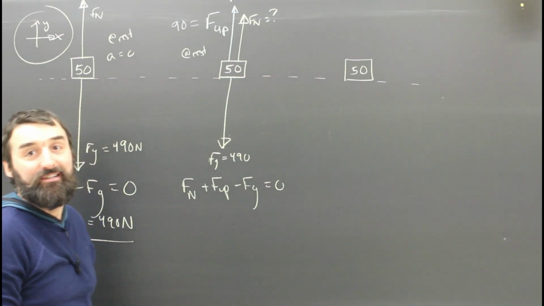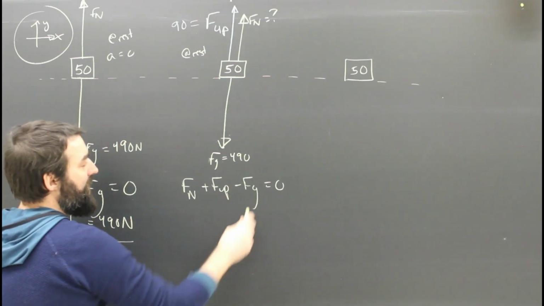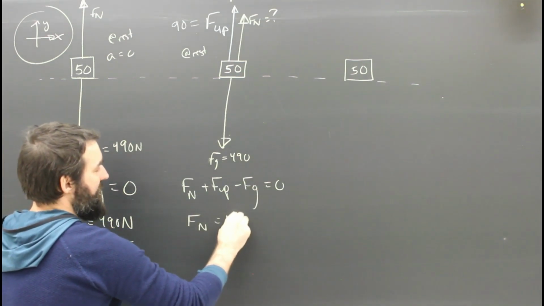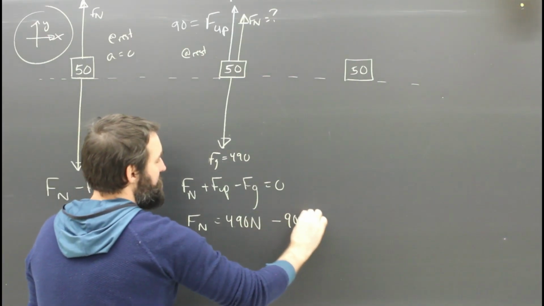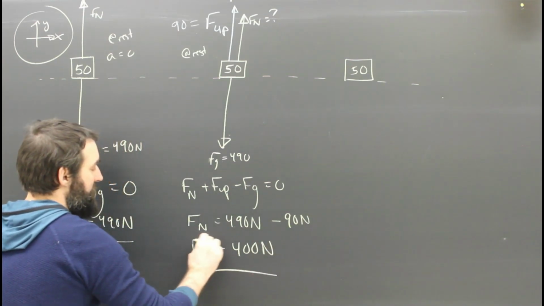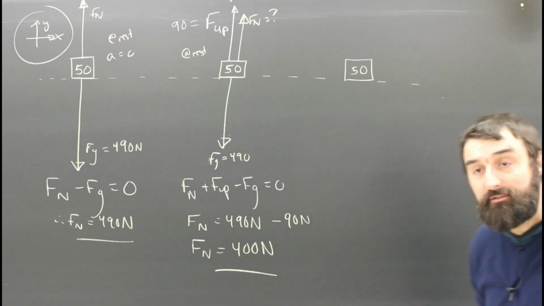And that's not enough to lift it up. So Fn plus F up minus Fg is equal to 0. Therefore, the normal force in this case is going to be 490 newtons minus 90 newtons, which is only 400 newtons. Which is, of course, less than the weight of the box.